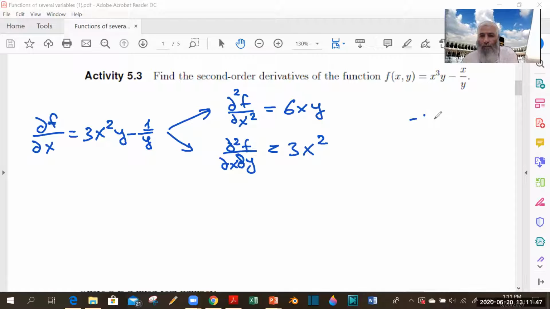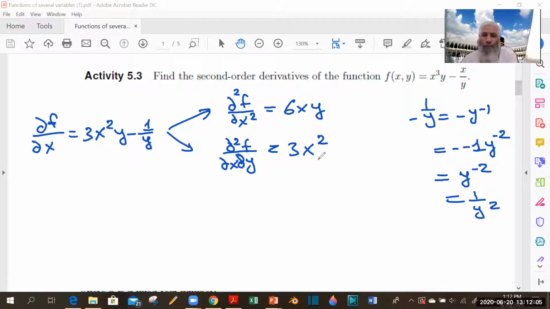Minus 1 over y is equal to minus y power negative 1. Its derivative is minus 1 multiplied by y power negative 2, so this will be positive y power negative 2, which is 1 over y squared.